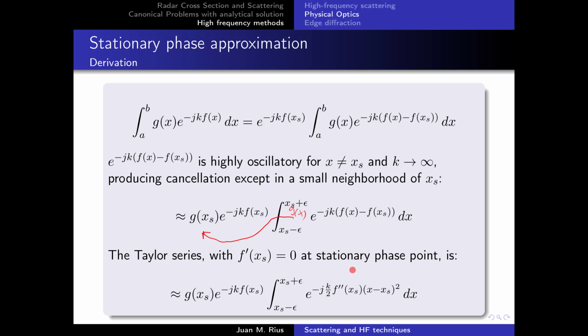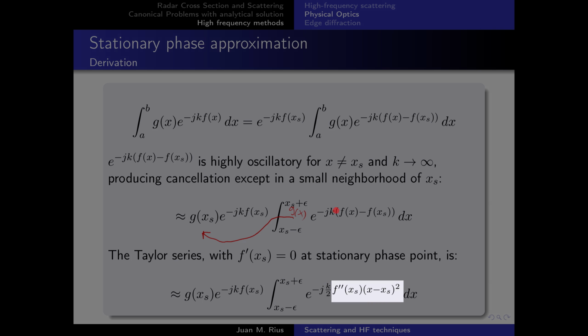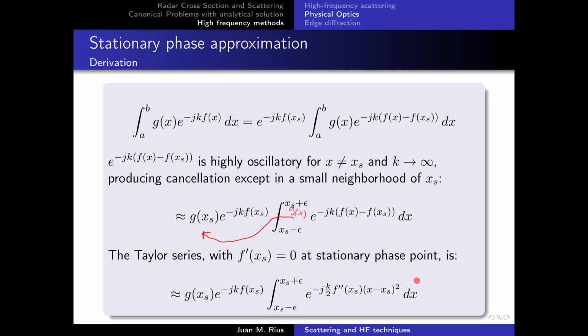The third term is the second derivative of f at xs over 2 factorial, which is 2, times (x minus xs) squared. So this is the Taylor series of the exponent, the Taylor series of the phase.